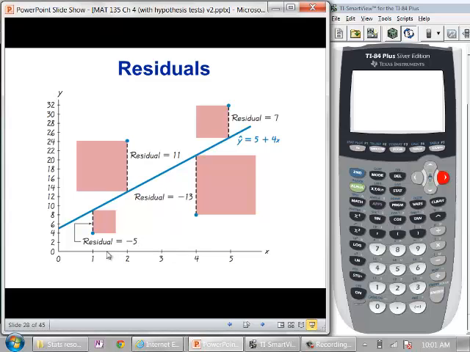So we're plotting the x value with the residual value. This point, we'd have, instead of 2, 24, we'd have 2, 11. For this point, we'd have 4, negative 13. For this point, we'd have 5, 7.